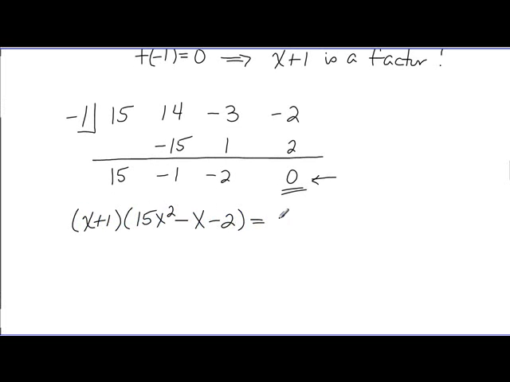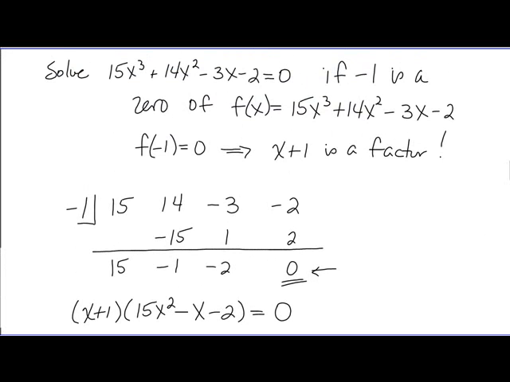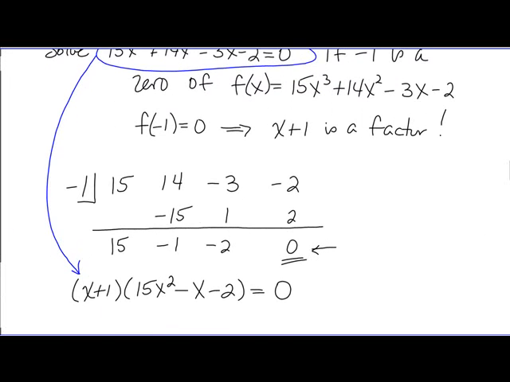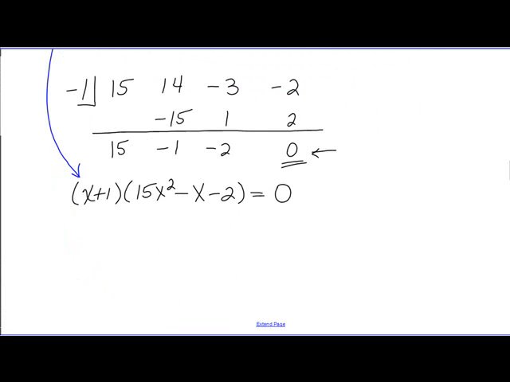So now the equation that we're trying to solve from up here, we factored out a factor. And then from here, it's going to be pretty straightforward to finish. Of course, you know that setting each of the factors equal to 0 and solving for x is how you get the solutions to your equation.